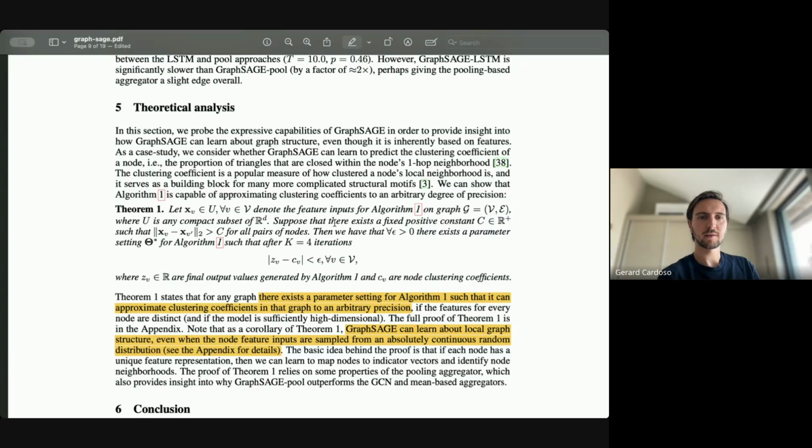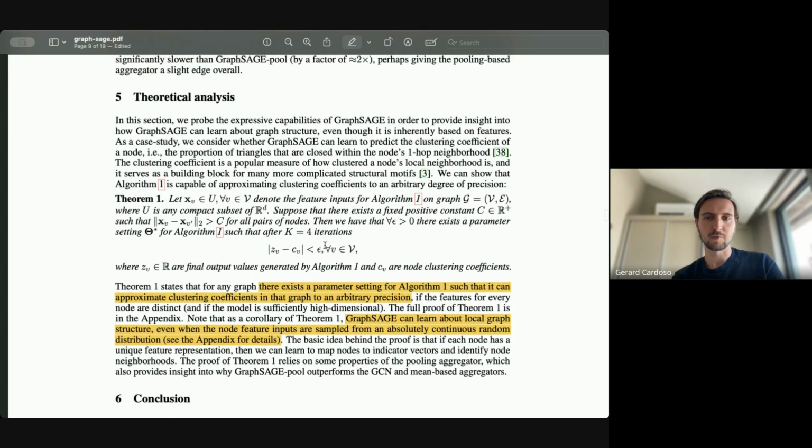But the way they show that is that they prove this theorem, which is basically showing that you can find parameters for the aggregation functions such that you can approximate, in this case, clustering coefficients to some kind of precision.